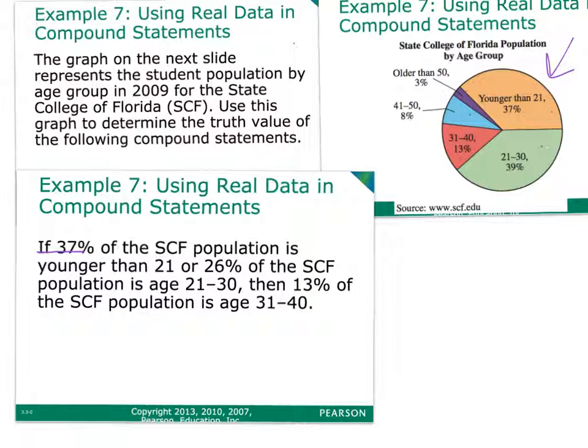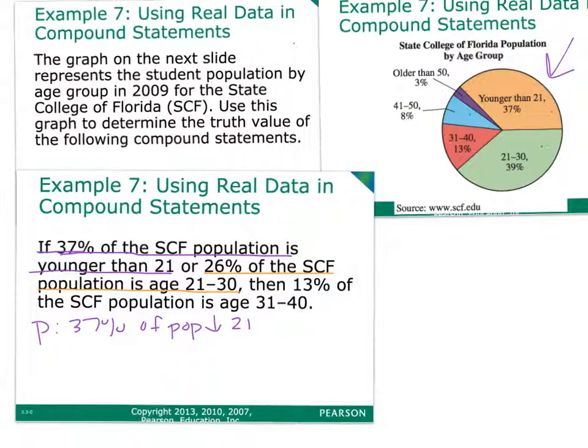Okay, so first thing we're going to have to do is label everything. They had 3 statements here. So the first statement said 37% of the population is younger than 21. So let's call that P. 37% of the population is under 21. Their second statement said 26% of the population is between 21 and 30.